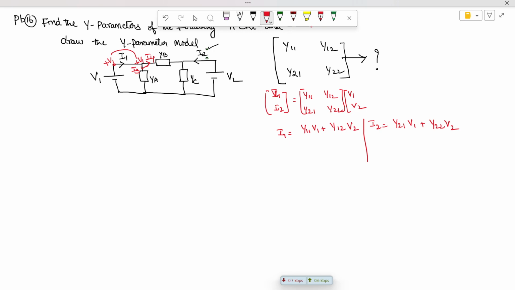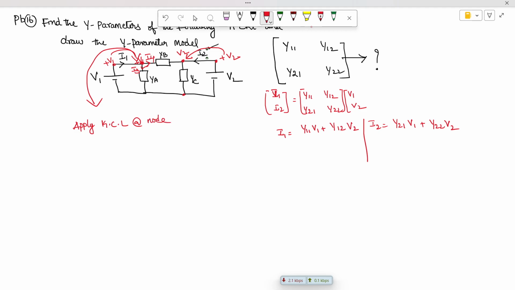The voltage at this node is V2, and automatically this also shifts to here. Now I'm going to apply Kirchhoff's current law at this node.